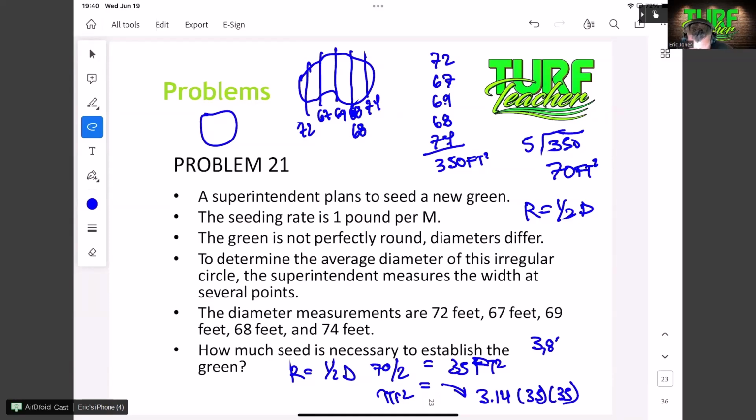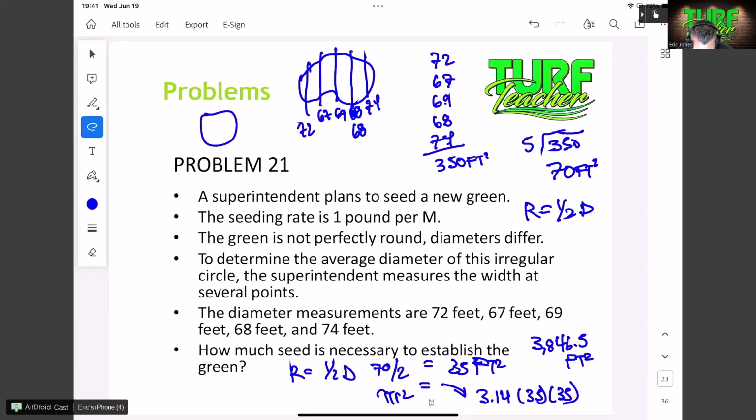Yep, 3,846.5 square feet is what we're establishing there with the diameter.